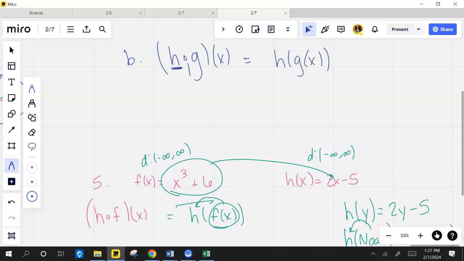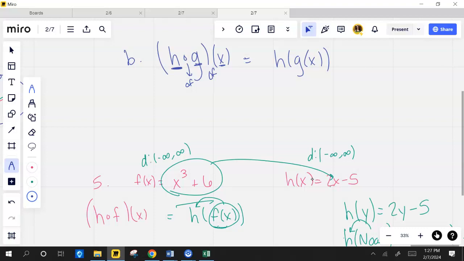H of G of X. We're going to get to some real soon that are multiple compositions, H of G of F of X. But we always stay as far inside as we can first. You always work inside out.